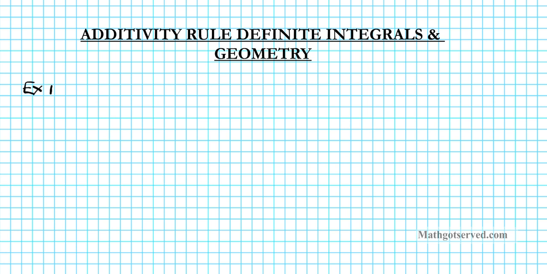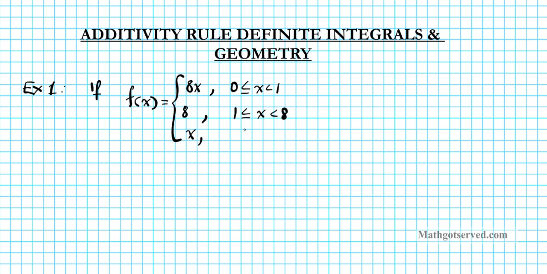Example one. If f of x is a piecewise defined function, okay? So if f of x is given by 8x when x is between 0 and 1, and then 8 when x goes from 1 all the way to 8, and then x when x goes from 8 all the way to 14.